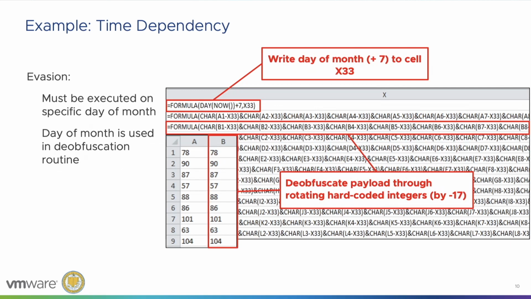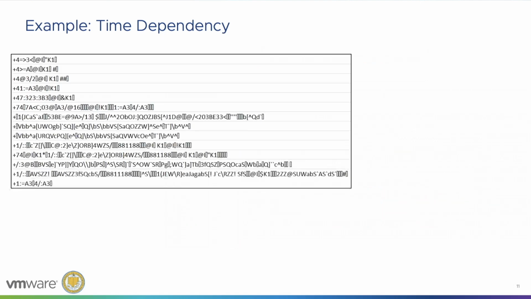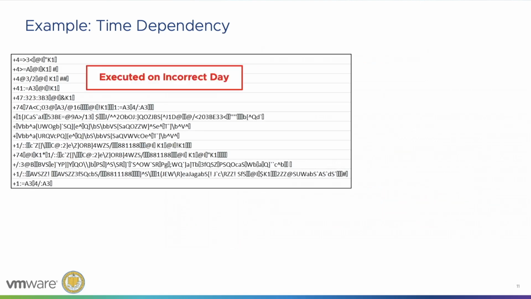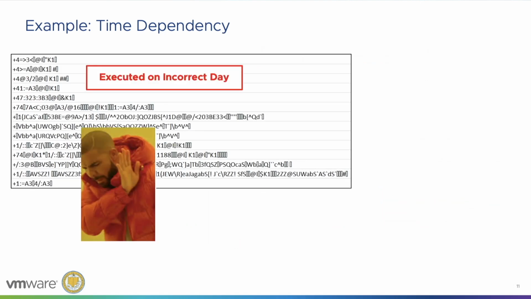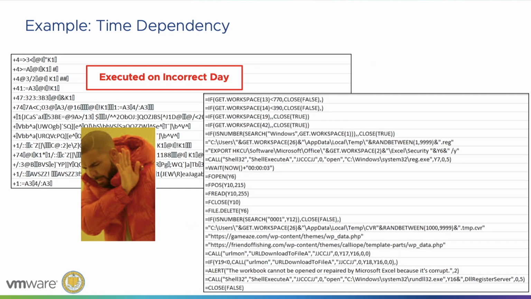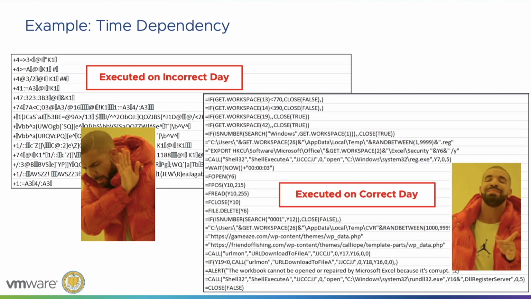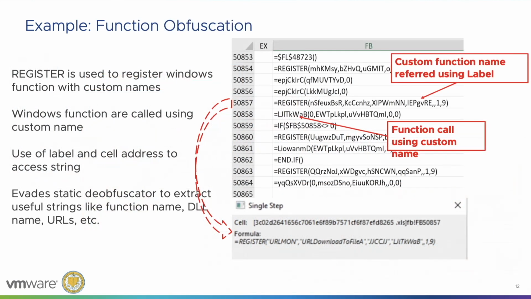For example, in this case, there is a macro that uses a specific day as a key to actually decrypt the contents of the macro. So, for example, if you do it on the wrong day, you obtain just gibberish. But on the right day, you have the correct macro. Well, this, of course, can create all sorts of problems.